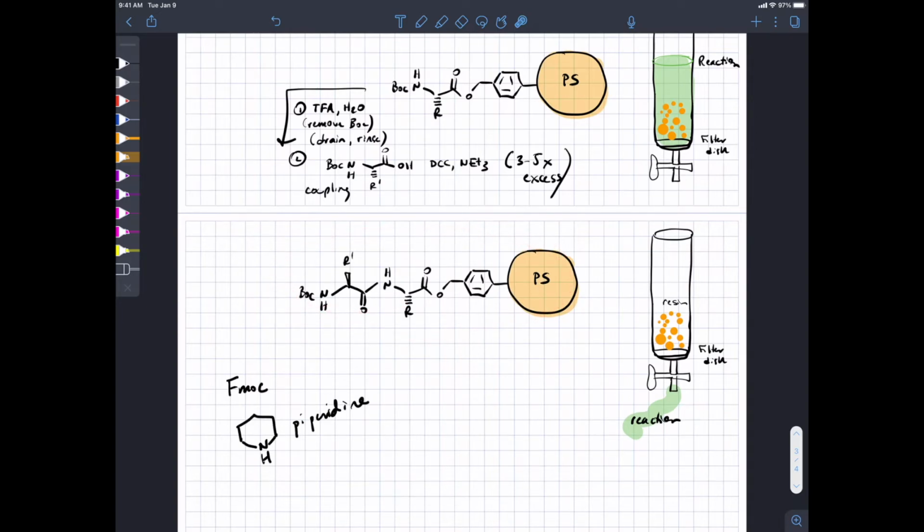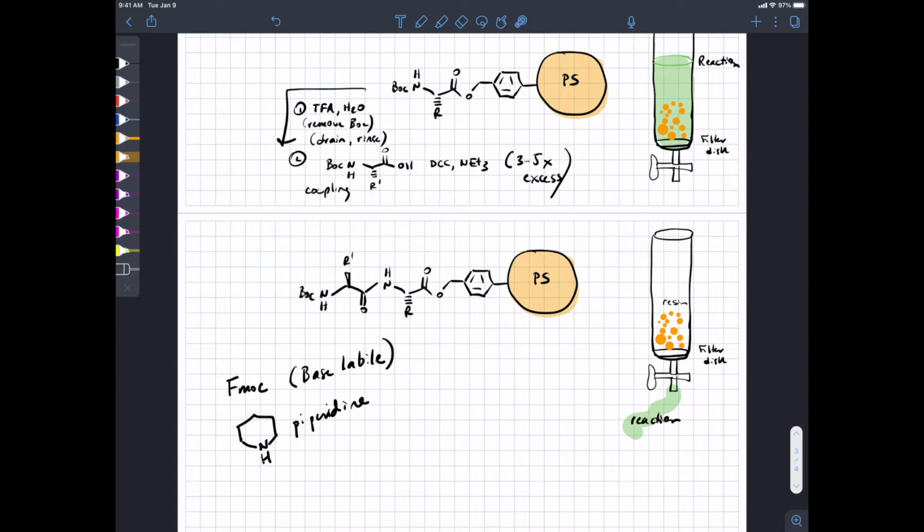So people invented an alternative protecting group scheme for the amino acids, where they would use FMOC, which is like BOC, only it's base labile. That means it's stable to acid, but it comes off in base.